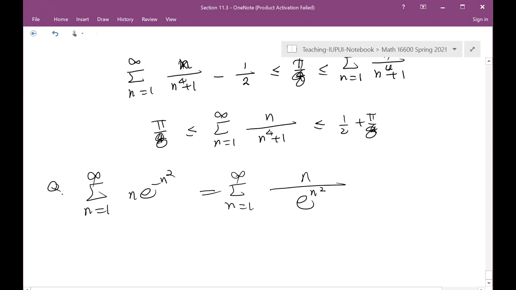But the integral test takes a little bit more time to prove it's convergent. But you can also get a very good estimate, as I just told you. If you're able to use the integral test, you can also get an estimate. That's the advantage of using the integral test.